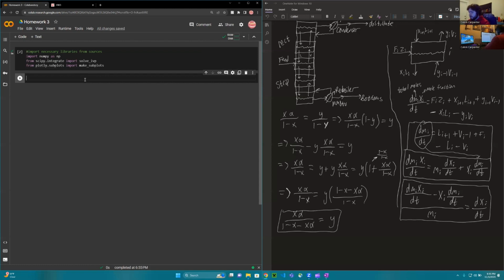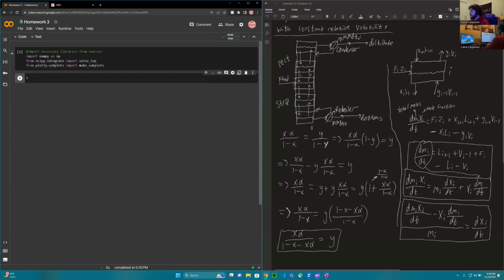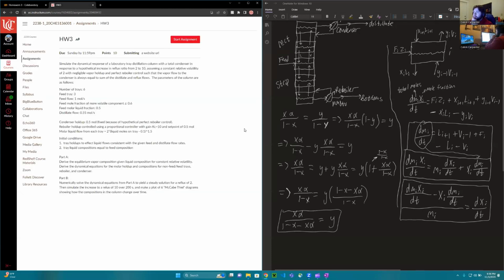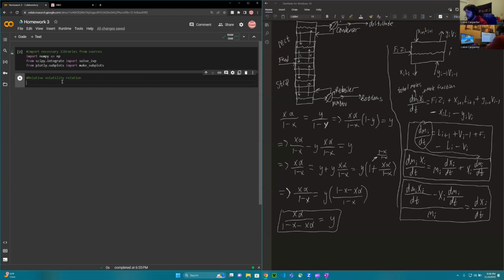So next, we are going to put in our equilibrium relation using the relative volatility. From our homework description over here, assuming a constant relative volatility of 2, we're going to set that. I'll call it A. A is equal to 2.